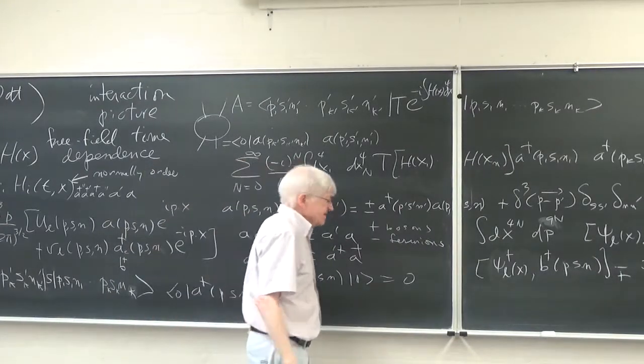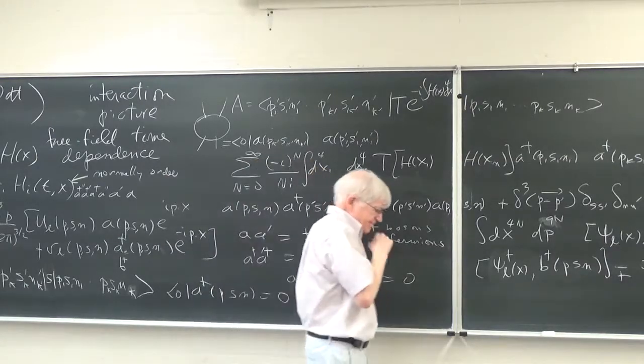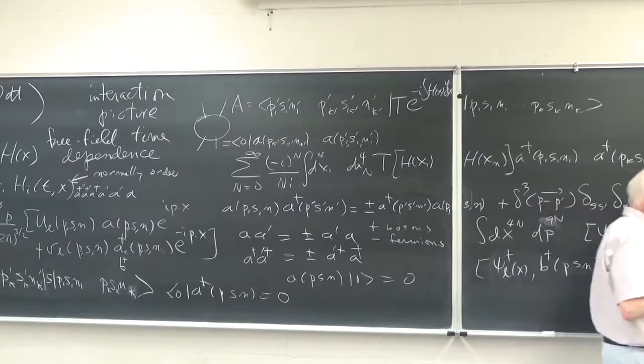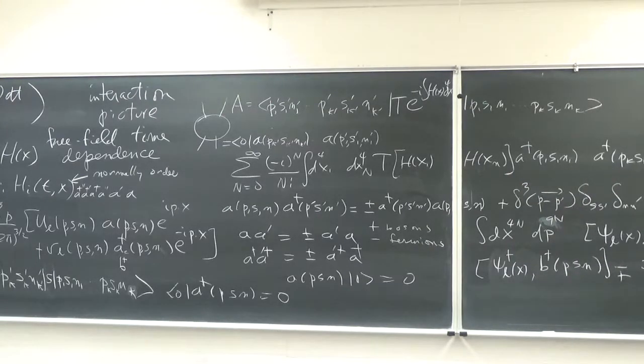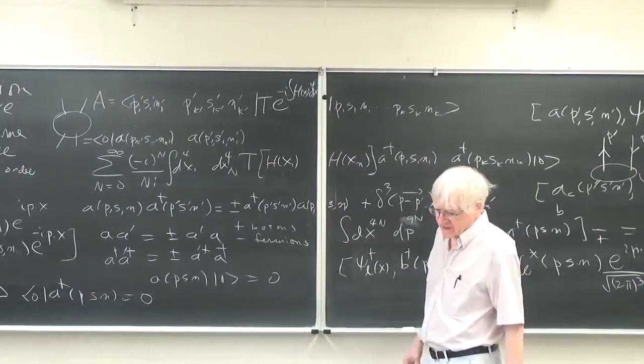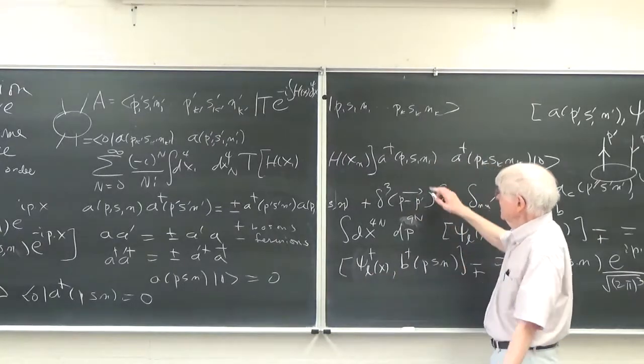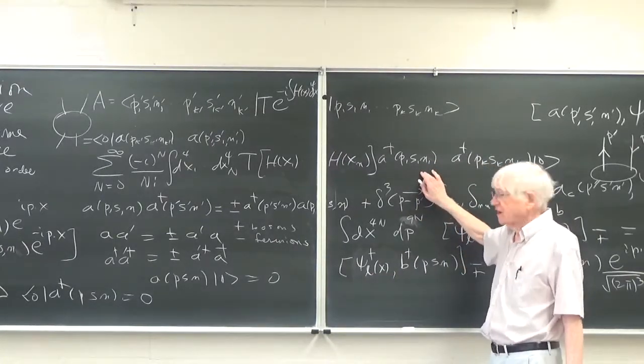In most cases, this n factorial cancels because when you start doing these pairings, you can do the pairings in different ways. For example, suppose you have a particle in the initial state.